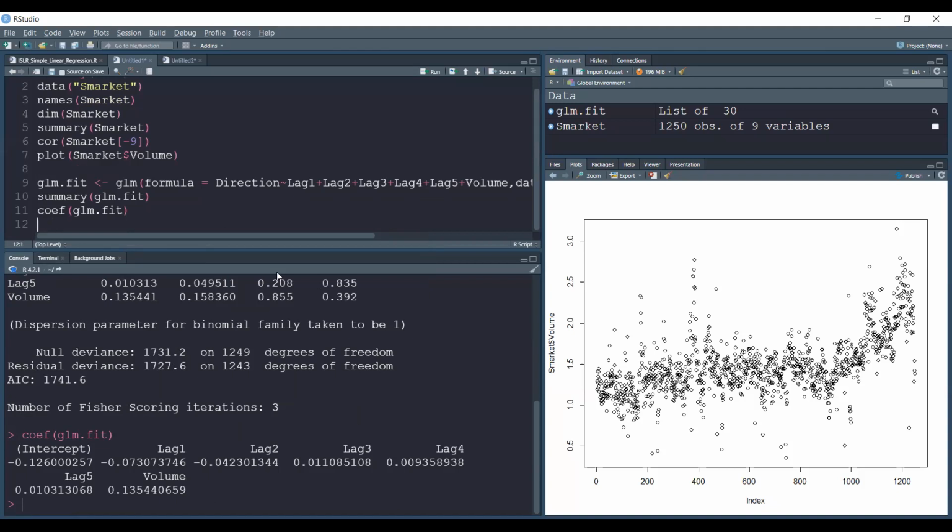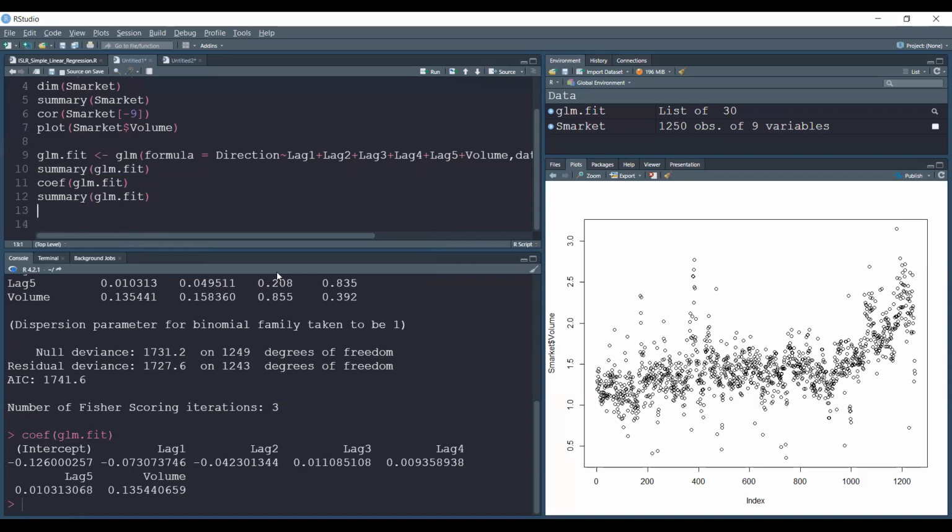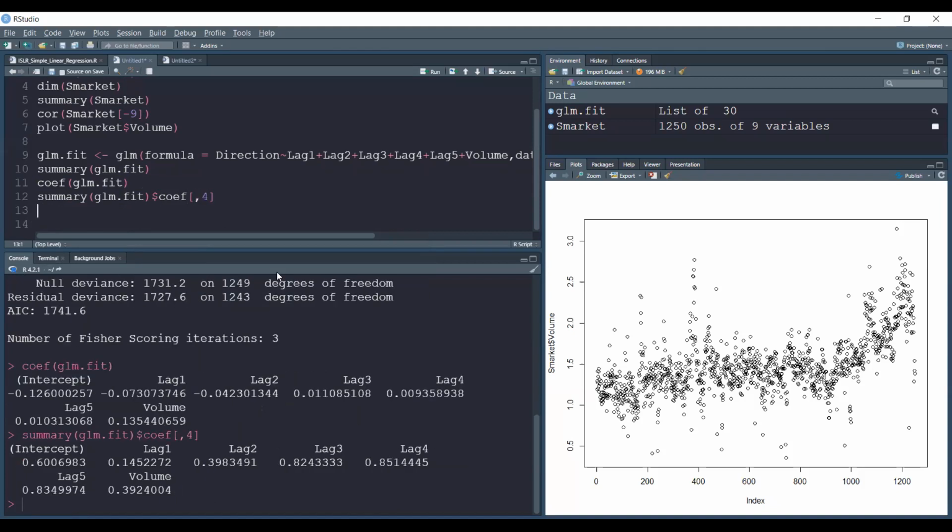Or else you could take this summary and treat it as sort of like a data set in of itself. And you do, for example, dollar, and you could do, I'm copying it from the book, coefficient, the fourth. So these are the p-values, right? Those are the p-values. With the highest one being for lag 1, the 0.15.